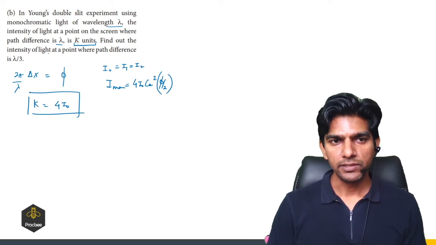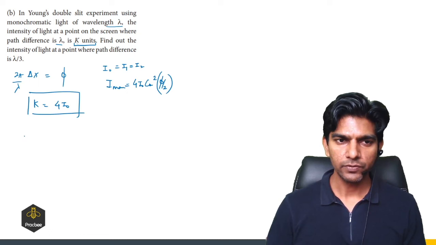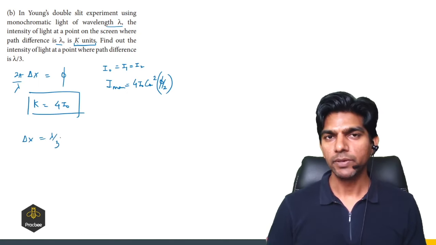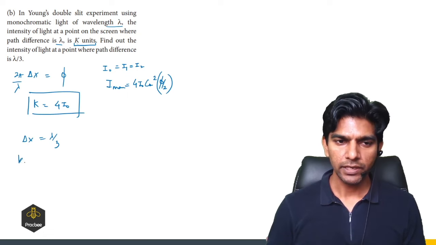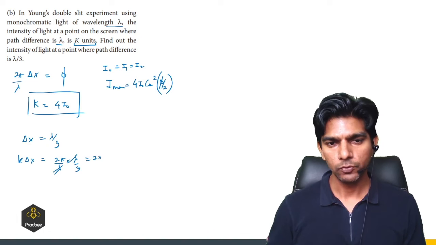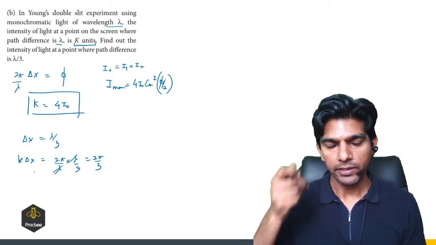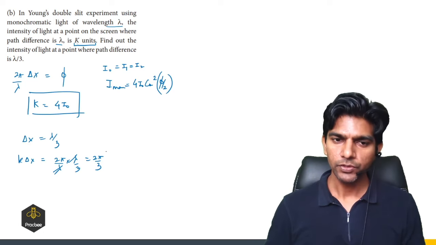Now find the intensity of light at a point where the path difference is lambda by 3. The path difference is given as lambda by 3. If I multiply with k, so k delta x will be 2 pi by lambda times lambda by 3. So this is 2 pi by 3. Now we know the phase difference, right?